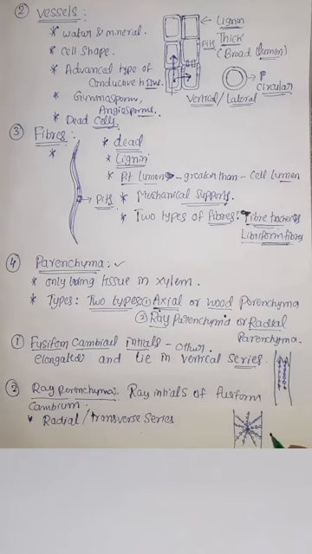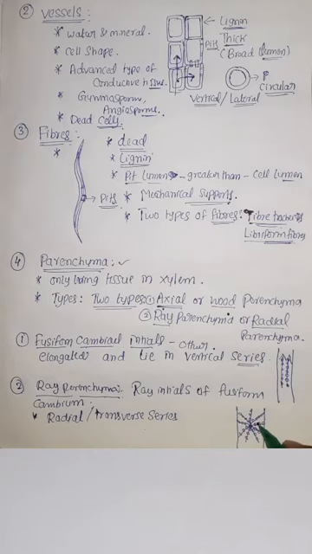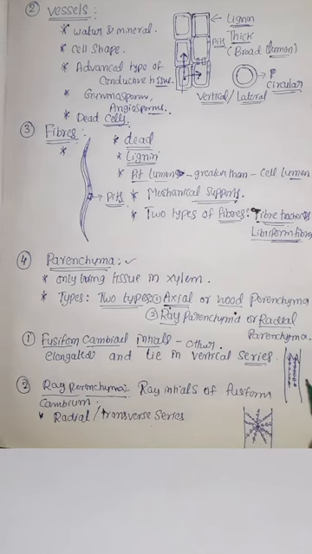Whenever we take a section of a stem, the parenchyma placed in a radial manner is known as ray parenchyma, and the parenchyma lying in a vertical manner is known as axial or wood parenchyma. This is the only basic difference between these two cells.